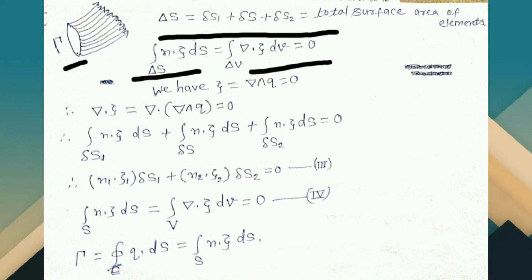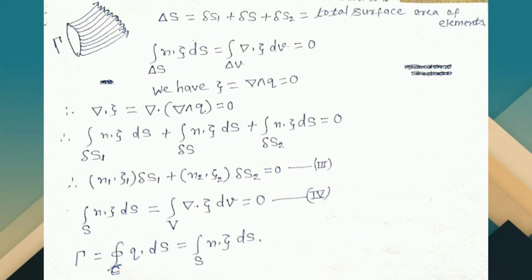Now we have zeta is equal to del cross q, so del dot zeta is equal to del dot del cross q is equal to 0, and therefore we get integration over delta s1 of n dot zeta ds plus integration over delta s of n dot zeta ds plus integration over delta s2 of n dot zeta ds is equal to 0.